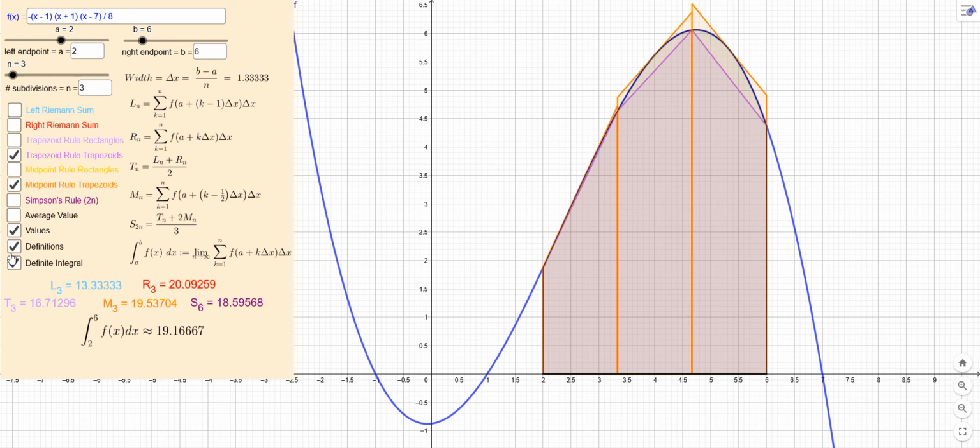Well, which one of those is actually better at coming at that? If you look, this area that we're under on the trapezoid is actually quite a bit bigger than the area that we're over on the midpoint estimate. In fact, it's roughly twice as big. In fact, if this was a parabola, it would be exactly twice as big.